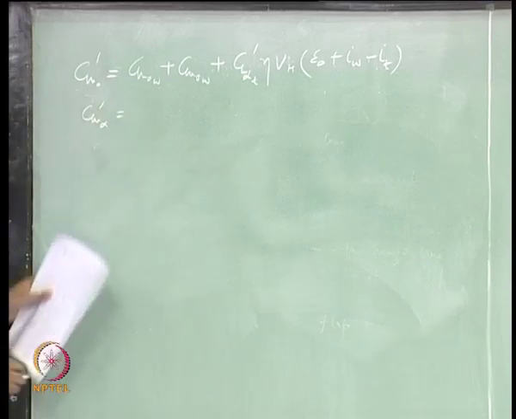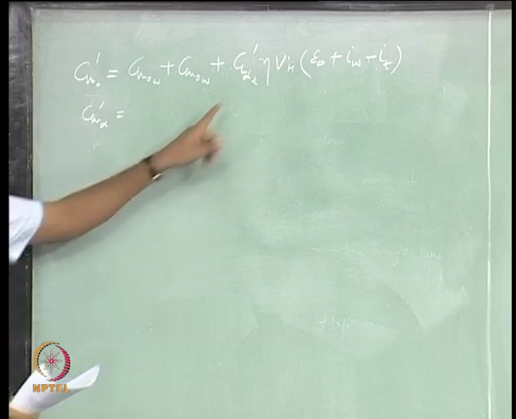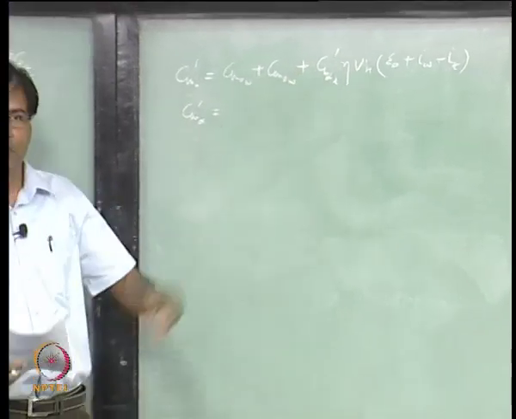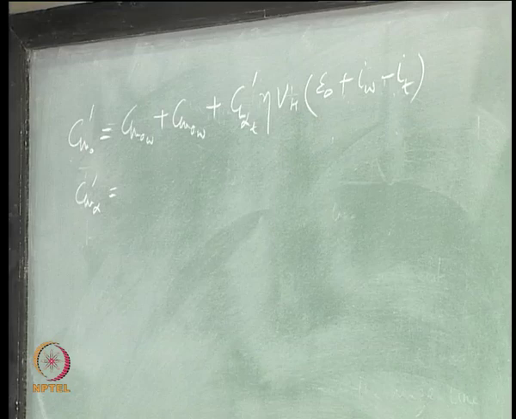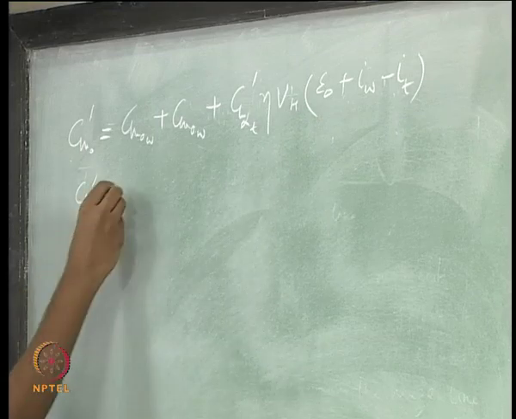Cm alpha is also going to change, right, because the lift curve slope of the tail is changing, right, for free elevator deflection.